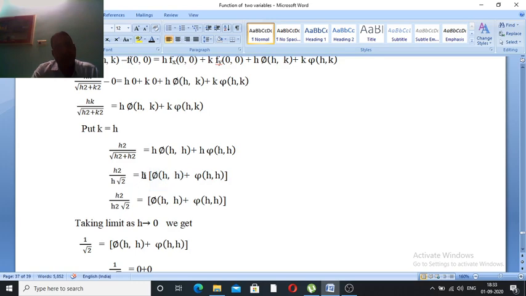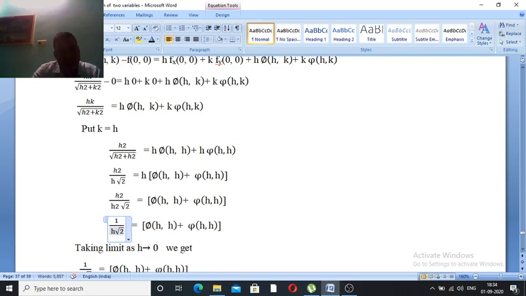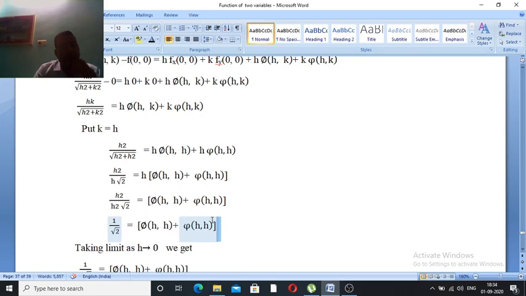The h square gets cancelled. Therefore, 1 upon under root of 2 is equal to phi(h, h) plus psi(h, h).